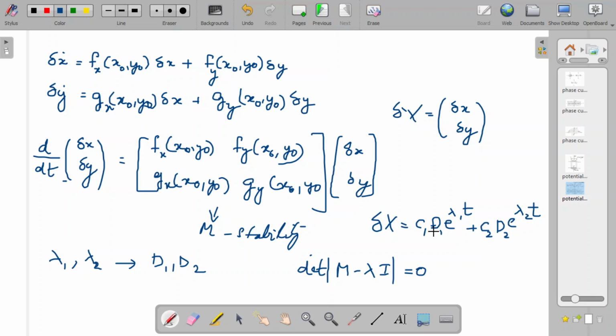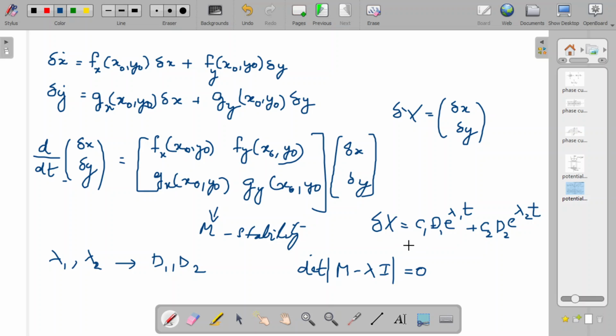Depending upon whether they are real or imaginary, negative or positive, we can find whether the fixed points are stable or unstable, and how they move, whether the phase portraits are straight lines, spiral types of phase curves, ellipses, or hyperbolic, everything can be found out.